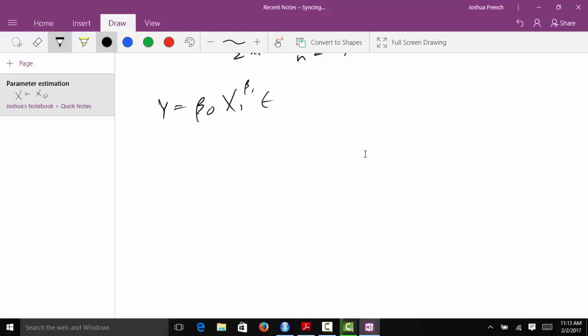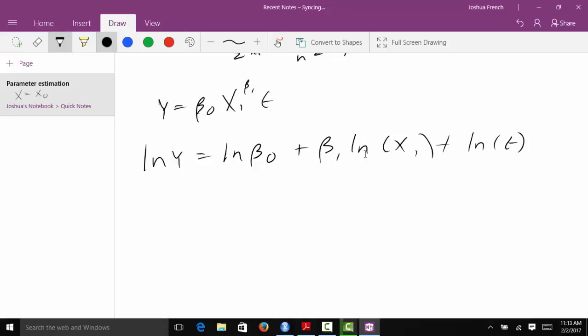If we apply the natural log function to both sides, we get the natural log of y equals the natural log of beta naught plus beta 1 times the natural log of x1 plus the natural log of epsilon.